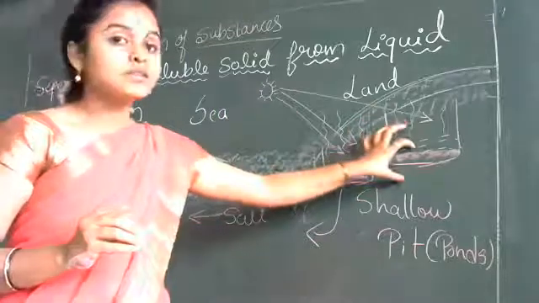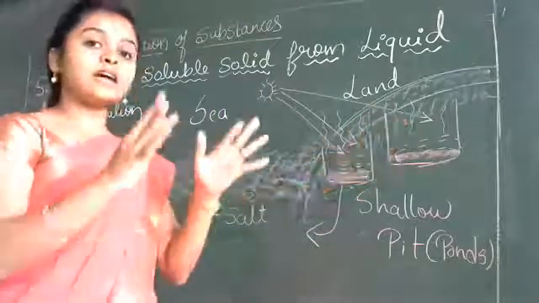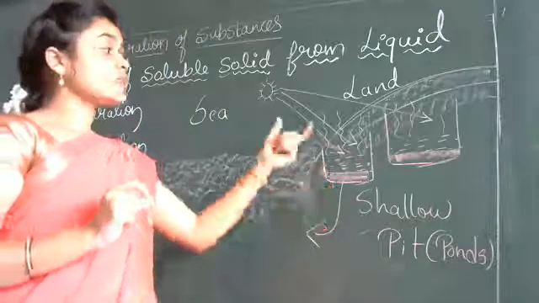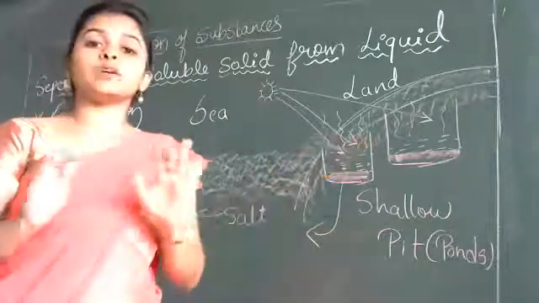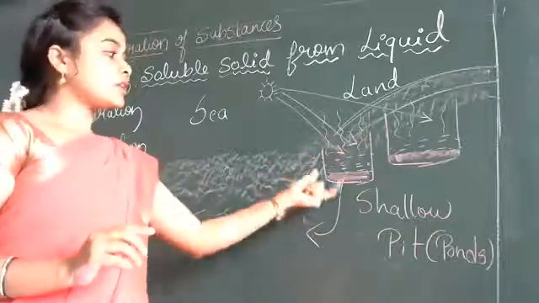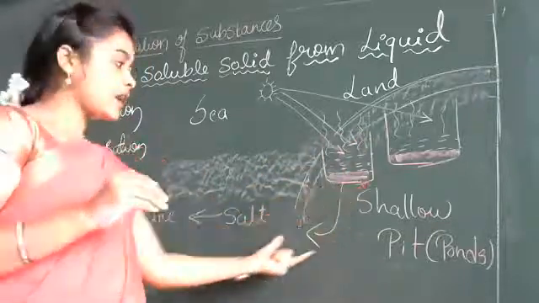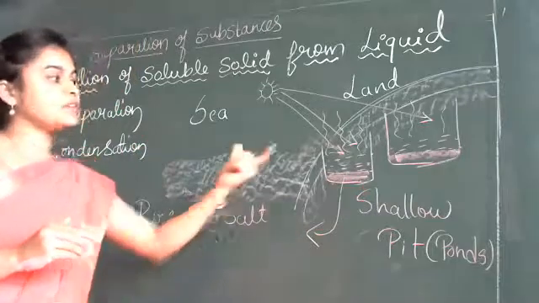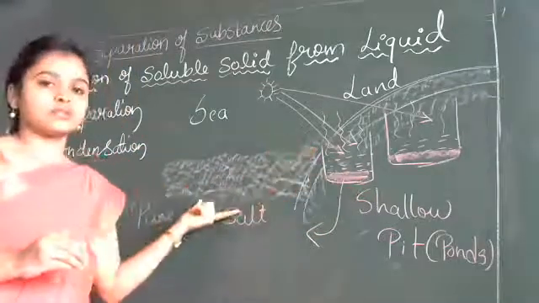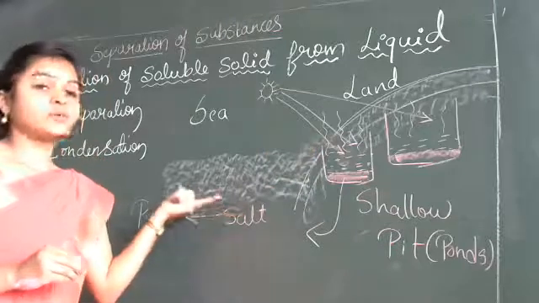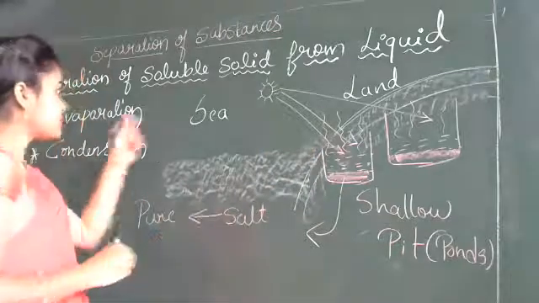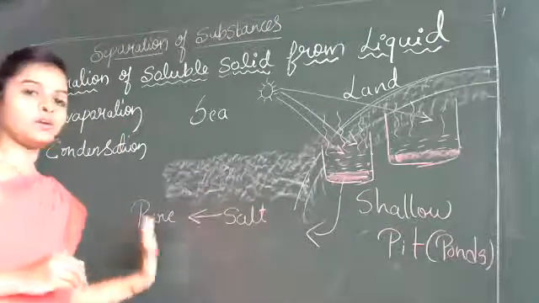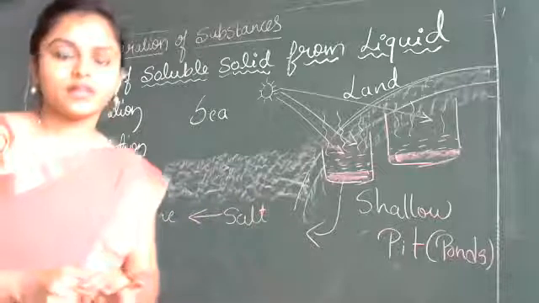That heat reaches the shallow ponds and the water will start vaporizing, leaving behind the salt. And this salt, whatever we are getting, is not pure salt. So after getting this impure salt, we send it for purification. So in this manner, we get salt from the ocean. And which process are they following here? The evaporation process is applied here to get pure salt.